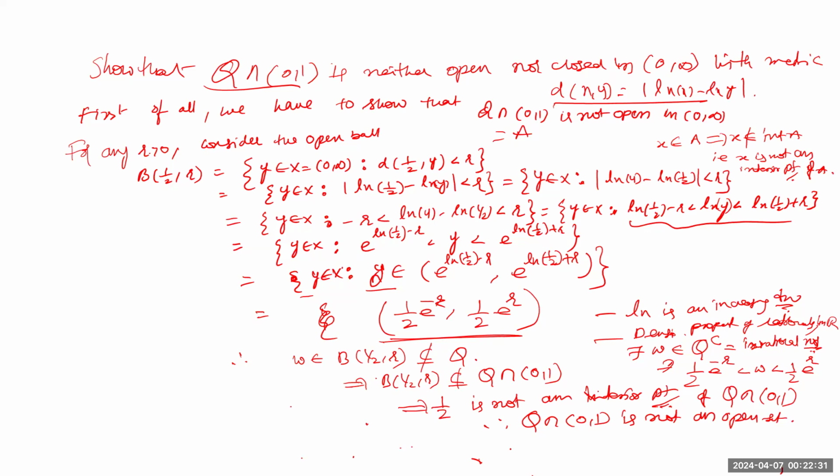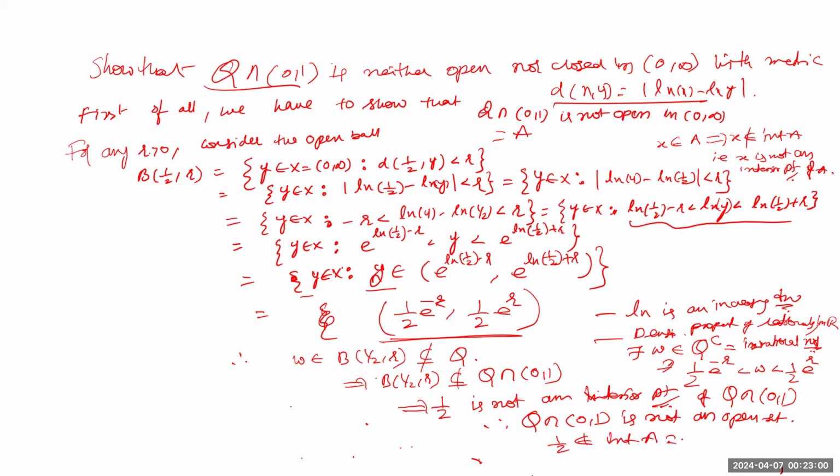I took an element, I constructed an open ball, and that open ball is not a subset of the given set, so that point is not an interior point. So 1 by 2 does not belong to the interior of A.